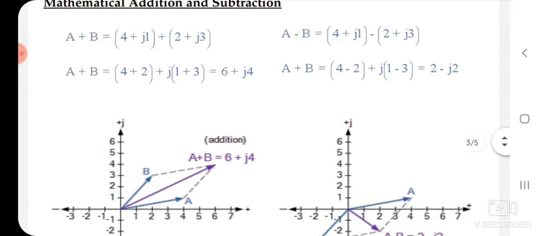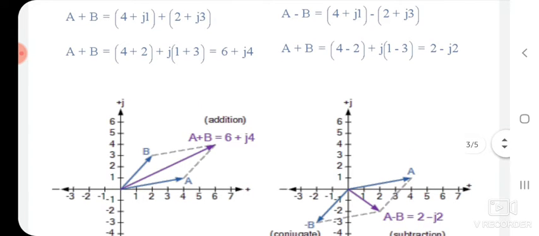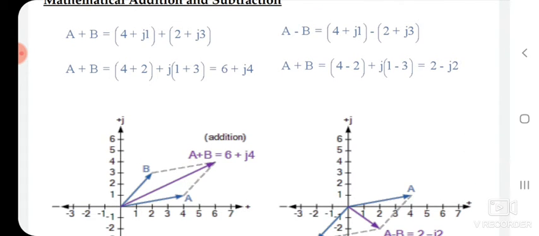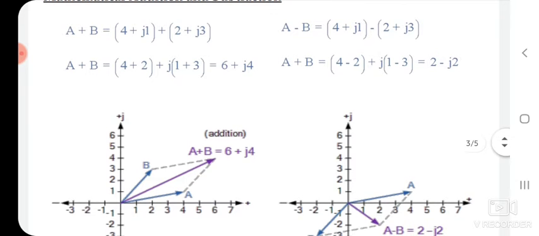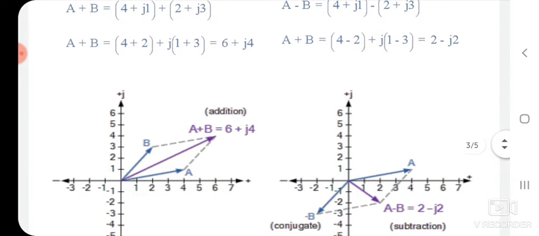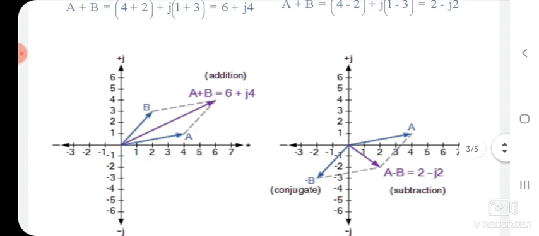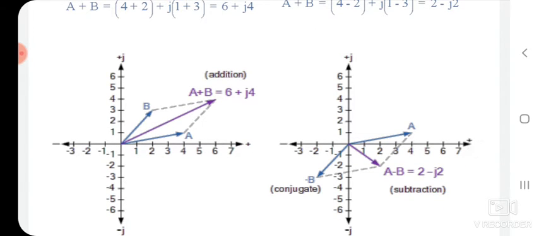If we multiply that minus sign inside the bracket, it gives minus 2 minus 3i, meaning both the real as well as imaginary terms are negative. That's why it is present in the third quadrant. The complex number a is in the first quadrant and the complex number minus b is in the third quadrant.